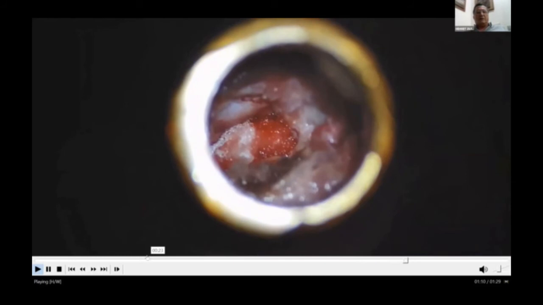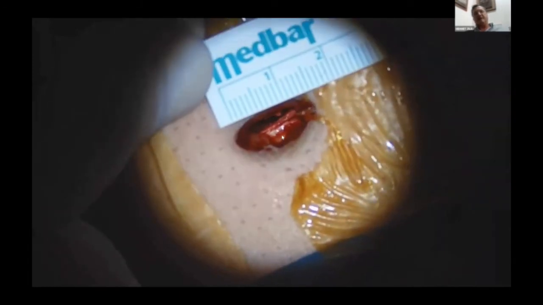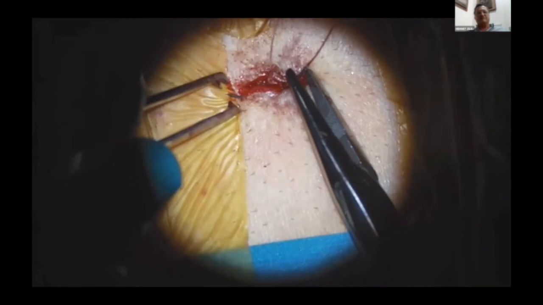Then at the end, when we remove the tube, you will see that the muscles are reapproximated there. And we place some stitches.